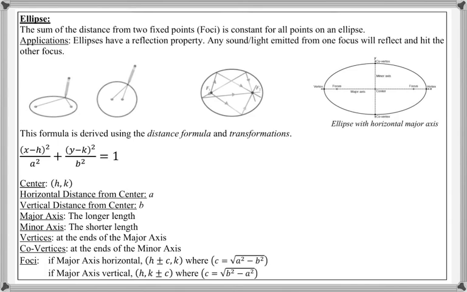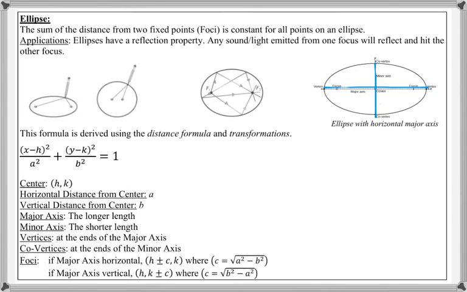So if you look at the picture here, we will have a center, and we have the foci or focuses, and then we have a major axis and a minor axis. And the major axis is the longer axis, and the minor axis is the shorter one.